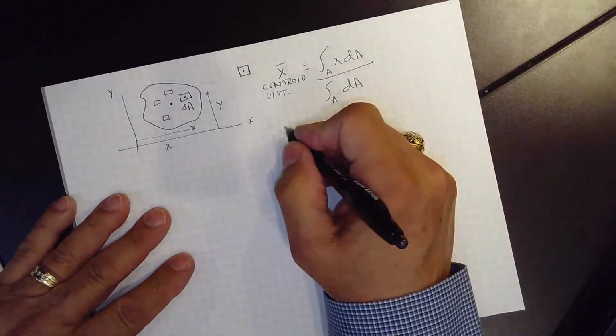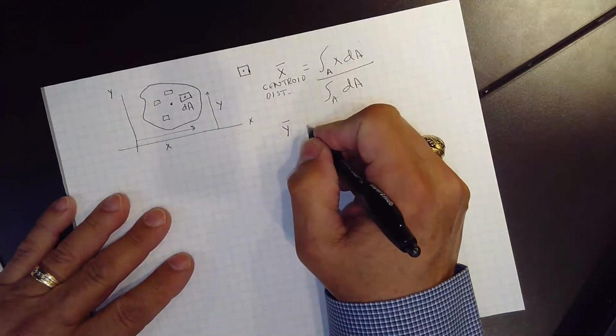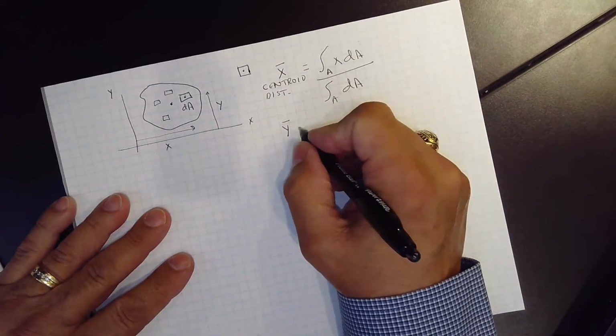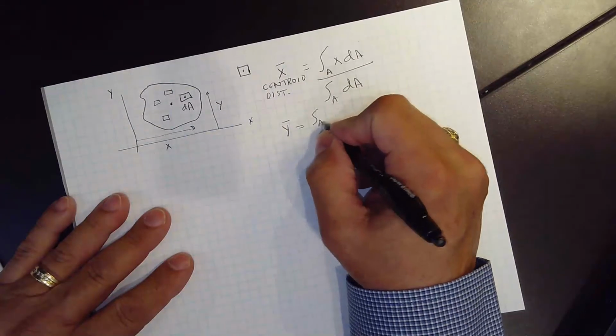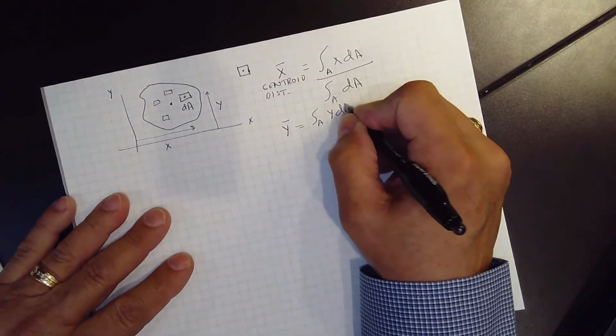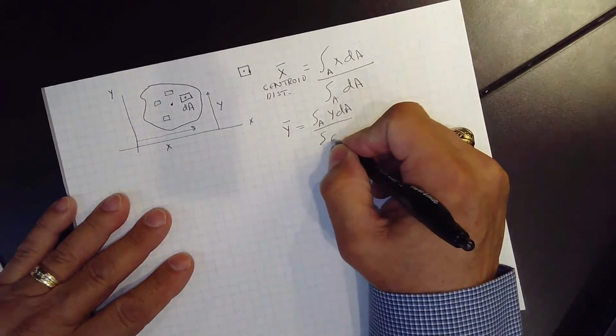We can do the same thing for y bar. y bar is the integral over the area of y dA over the integral of dA.